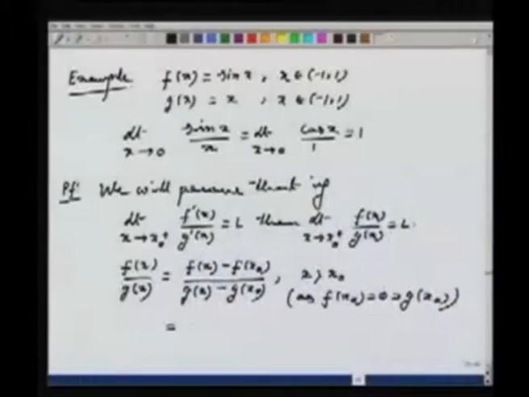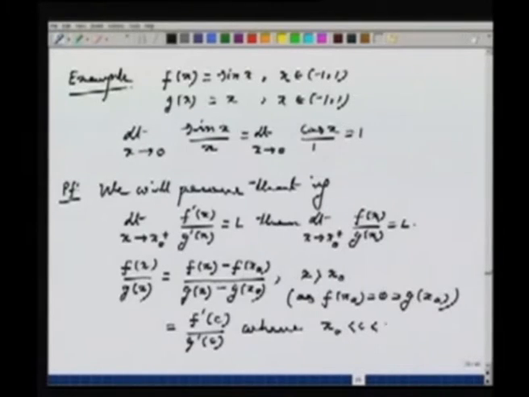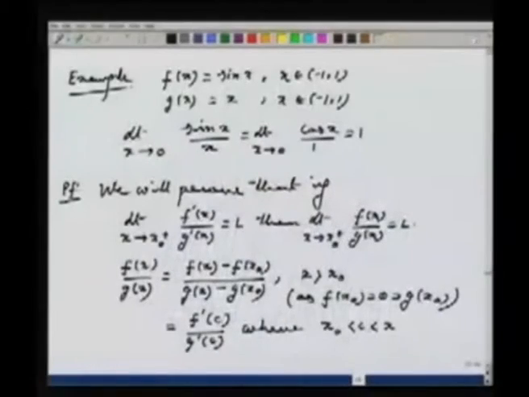It implies then there exists a C such that this is equal to f prime C divided by g prime C, where C lies between x naught and x. Now I want to take the limit as x goes to x naught from the right hand side. Notice that C is sandwiched between x and x naught. I can actually write C suffix x, because C depends on x.